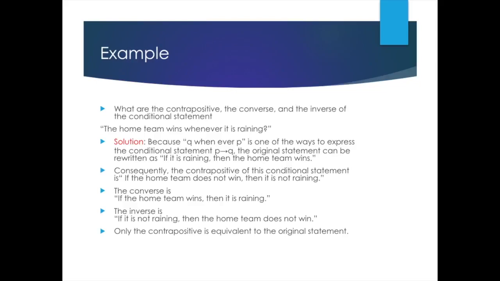This is the inverse of the conditional statement we just described. Only here you will find that the contrapositive is equivalent to the original statement, as we are going to see in the next examples. We will take more examples about each one of them, and study them carefully and slowly.